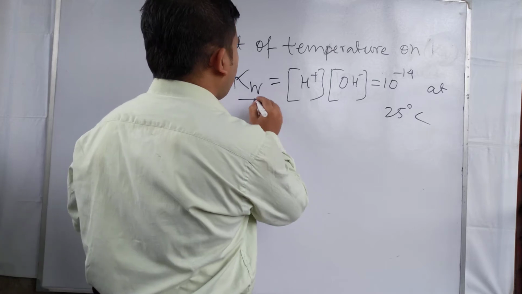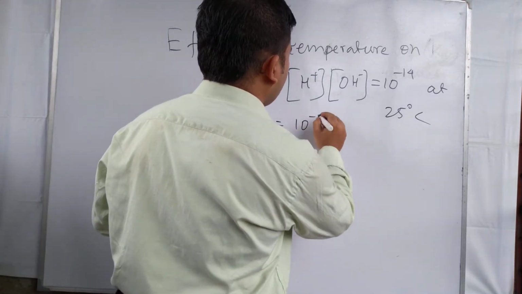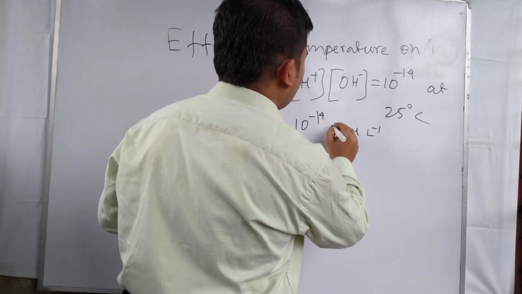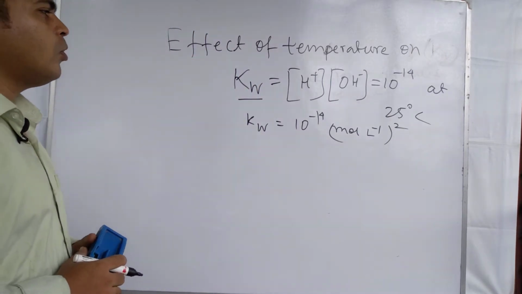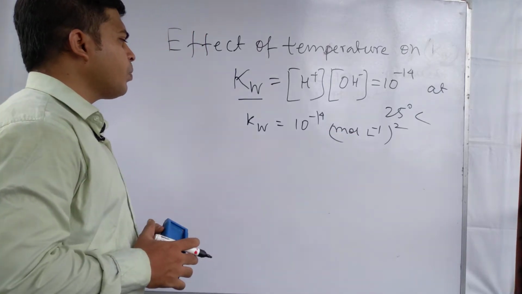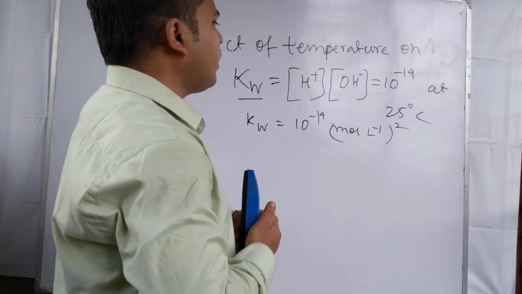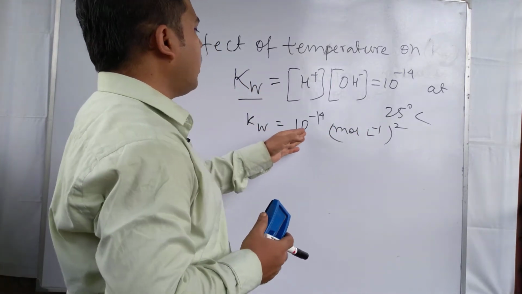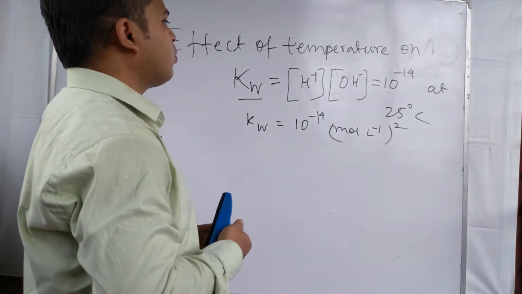This is the Kw value, meaning 10 to the power minus 14 mole per liter whole square. Mole per liter together is called mole per liter whole square. So the Kw value for water at 25 degree centigrade is 10 to the power minus 14 mole per liter whole square.